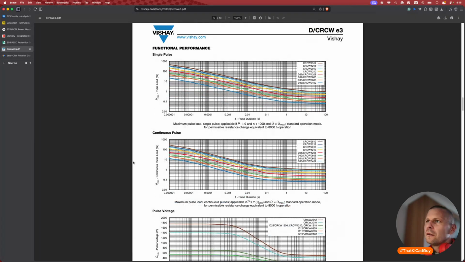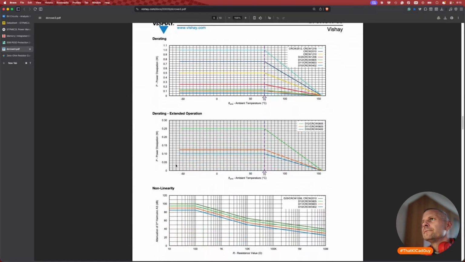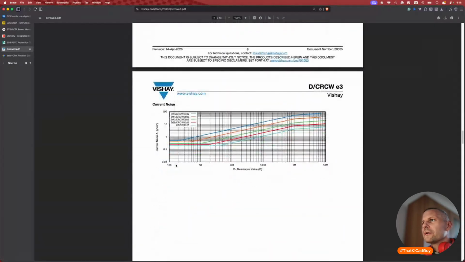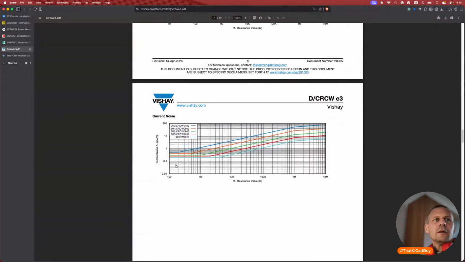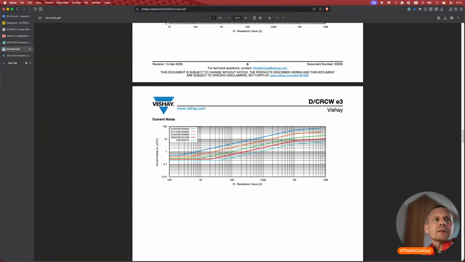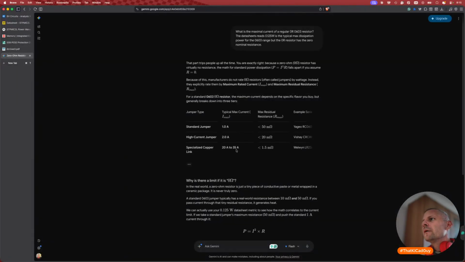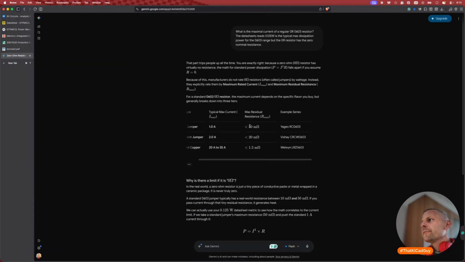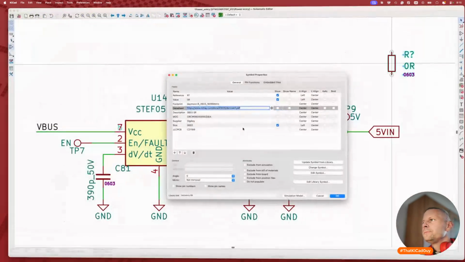Pulse load in watts. The rating, nonlinearity, current noise. Yeah, what's the answer? Yeah, 1 amp typical current.